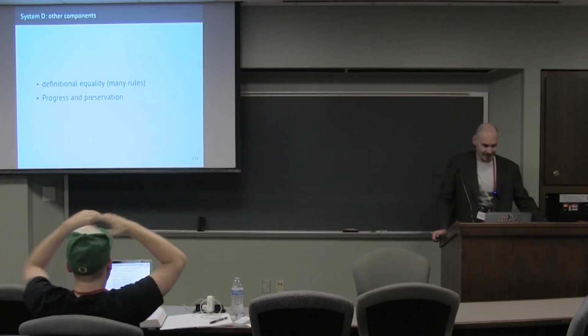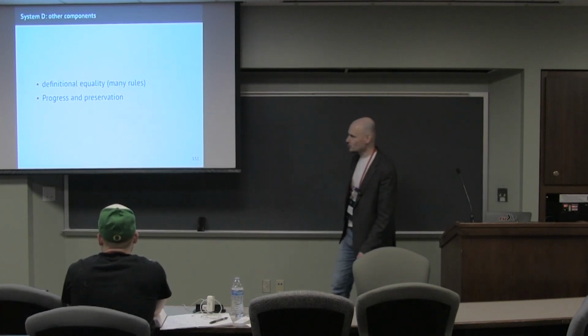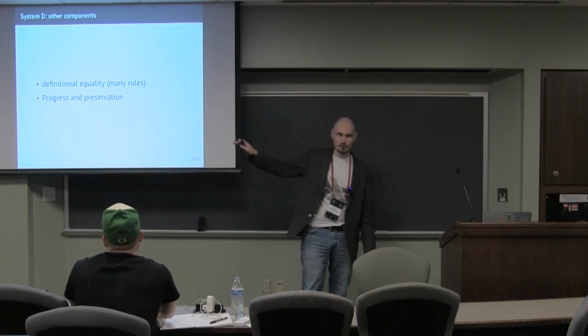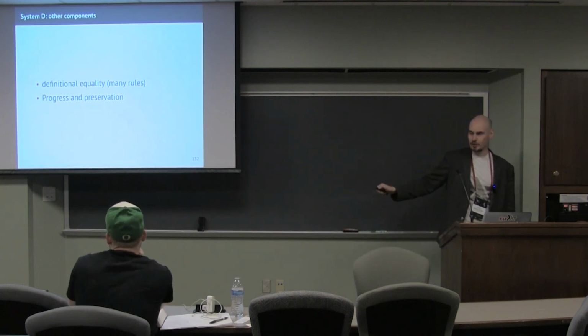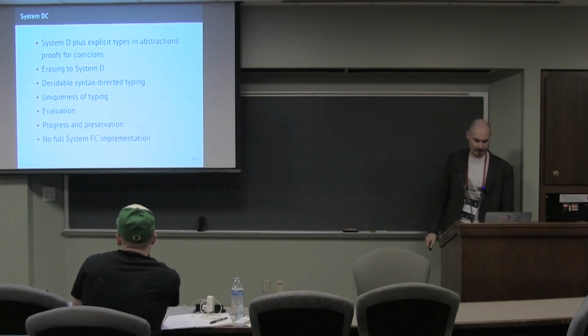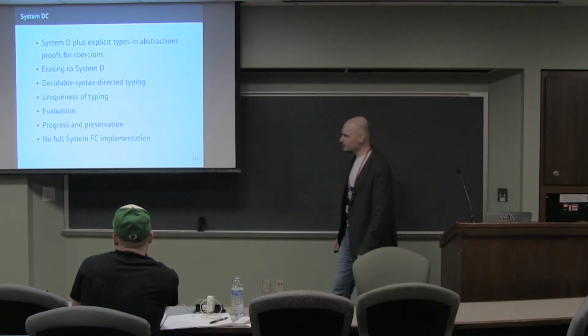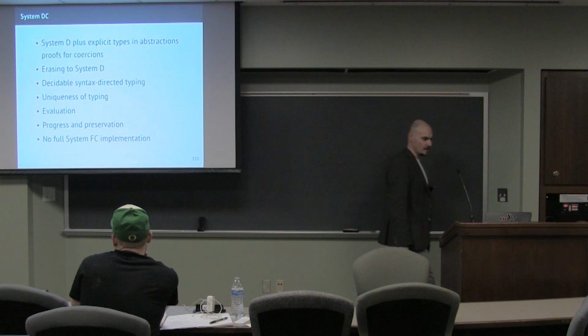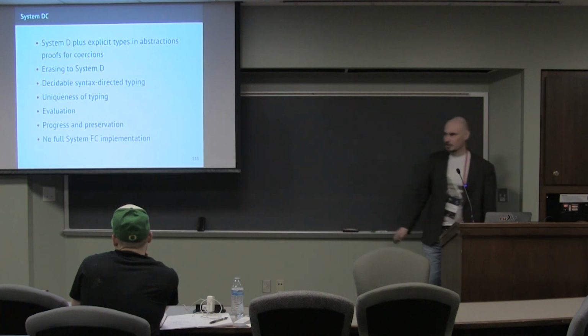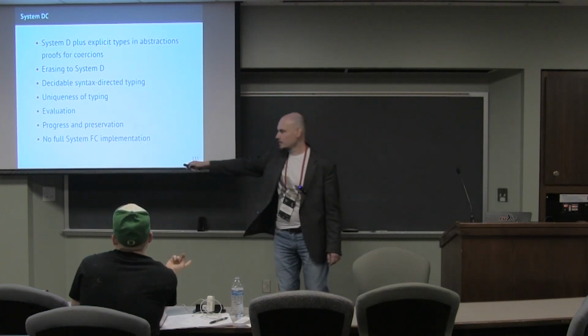All right. There are other components in this paper. Now progress and preservation are proved in Coq. There are many rules for definitional equality and other things. And this system DC has many properties. Unfortunately, see this last line here.